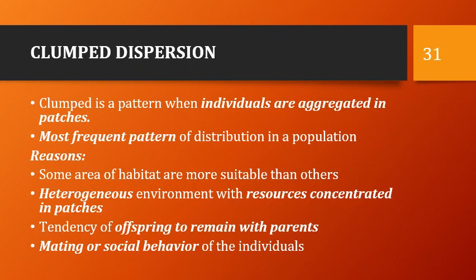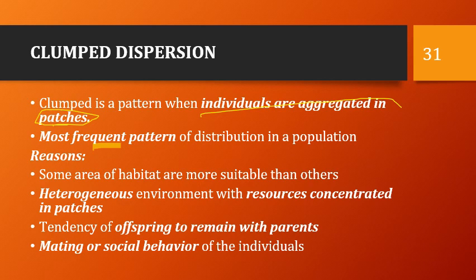So when we say clump dispersion, we are pertaining to individuals aggregated in patches. Take note of the patches. Patches are areas of the habitat that are more suitable than others, a heterogeneous environment with resources concentrated in patches.